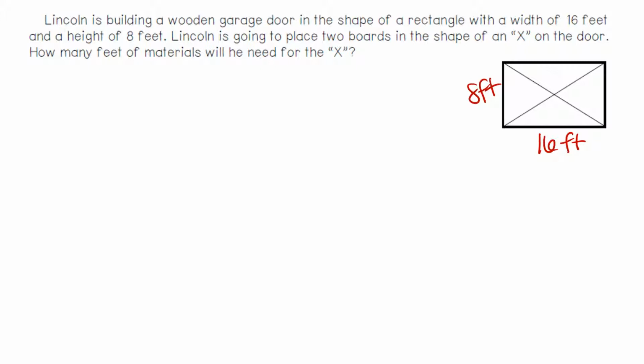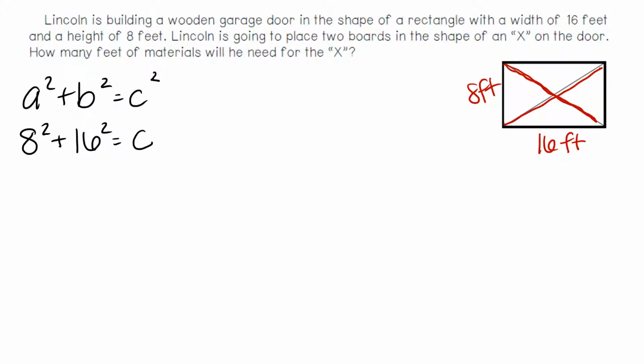And you notice that the diagonal lines here that represent the X are our hypotenuse. We have 2 of them, so we have to do it 2 times. A squared plus b squared equals c squared. The Pythagorean theorem is what is used to find a diagonal line. 8 and 16 are our legs, A and B, because the diagonal line, the hypotenuse, is always C. 8 squared is going to give us 64. 16 squared is 256.